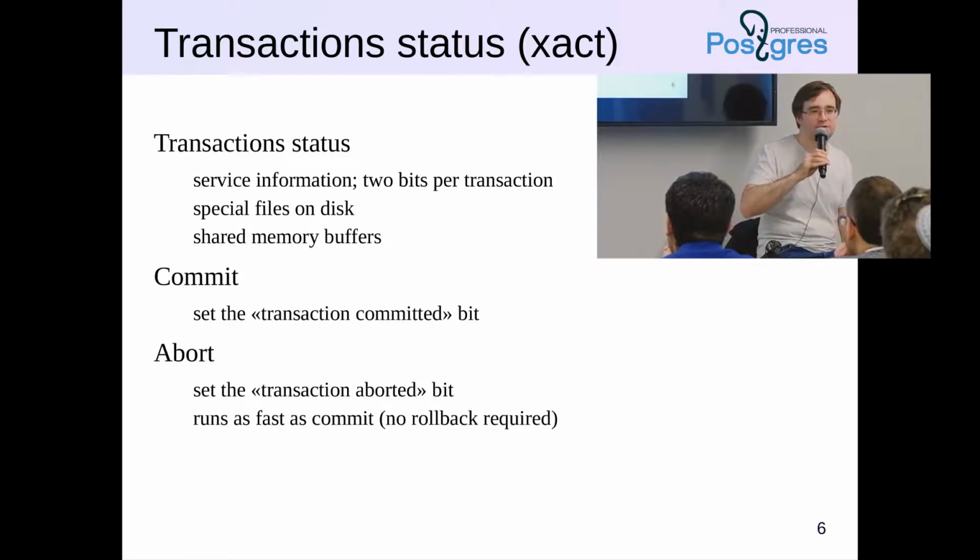So in Postgres 10, this directory was renamed to xact to show that it is a very important part of the data.